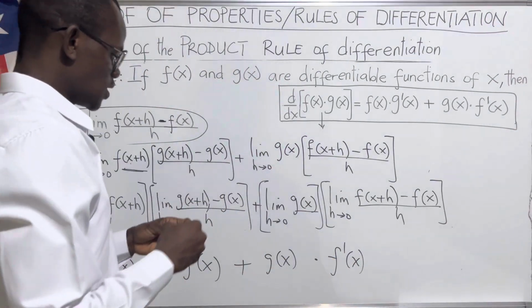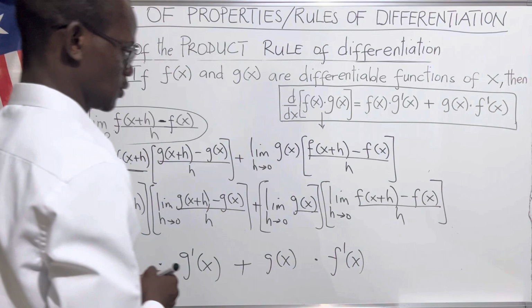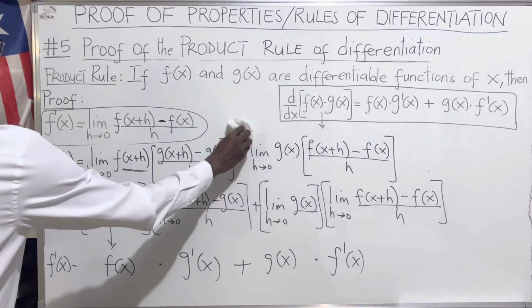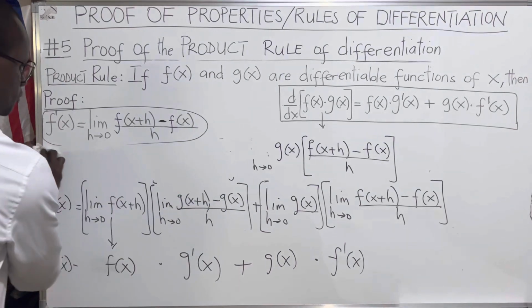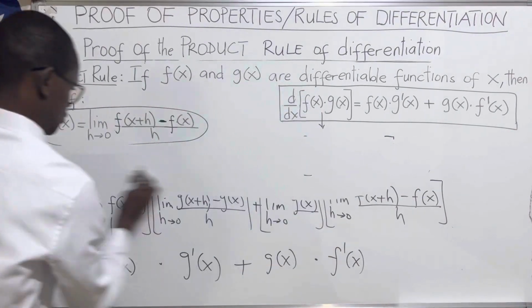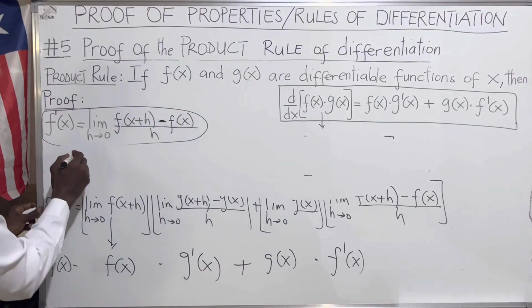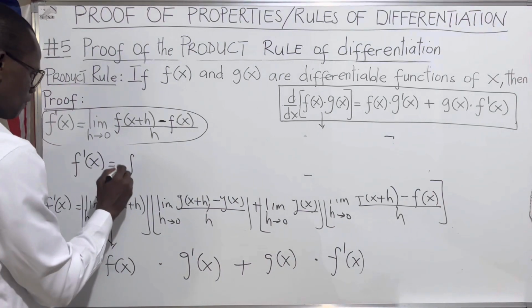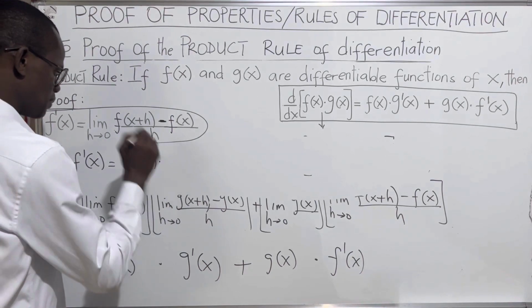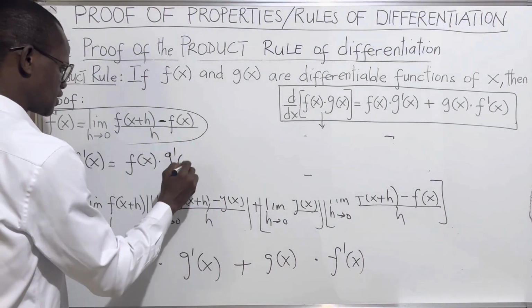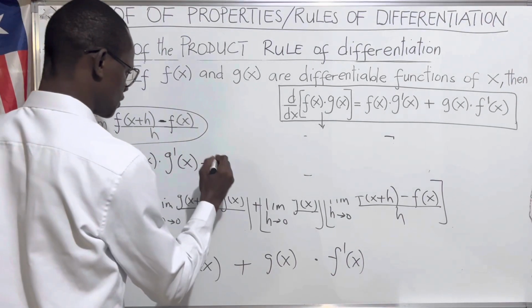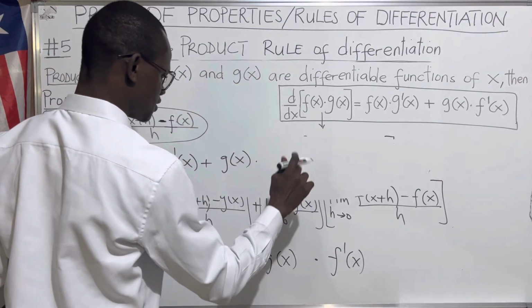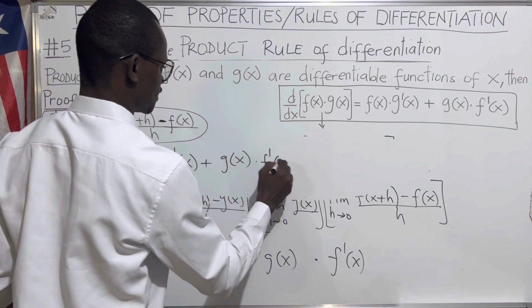So we can clearly see that the derivative of f of x times g of x is equal to f of x times g prime of x plus g of x times f prime of x.